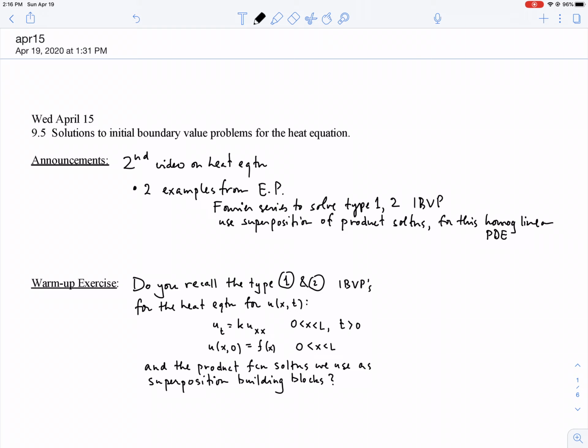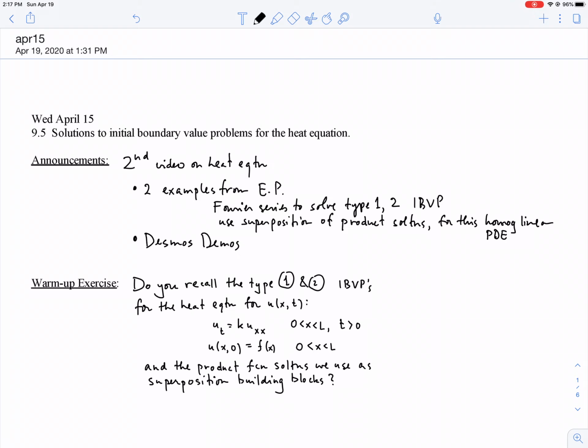Ut equals k uxx. Partial of u with respect to t is a constant times partial of u with respect to x. And then finally, after all the hard work, we'll go to Desmos and demonstrate the solutions that we worked out.